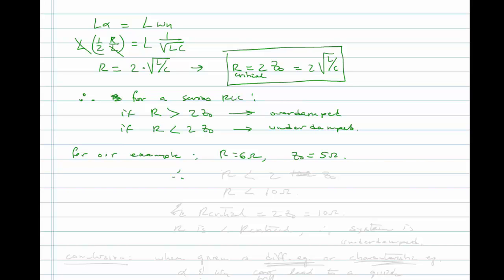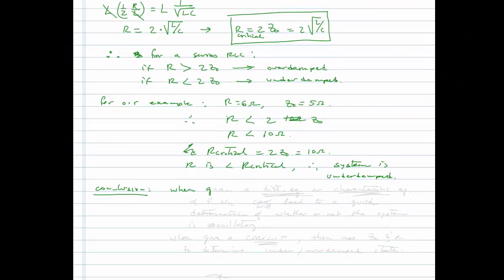Therefore, 2Z0 is 10 ohms, or maybe the better way to do it would be to say R critical is equal to 2Z0, which is equal to 10 ohms. R is 6 ohms, less than R critical. Therefore, the system is underdamped.